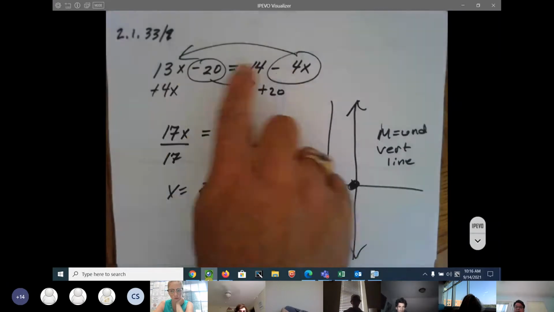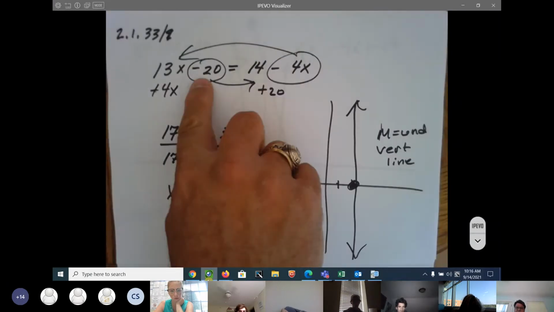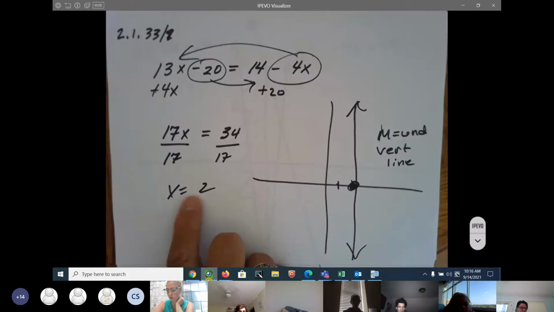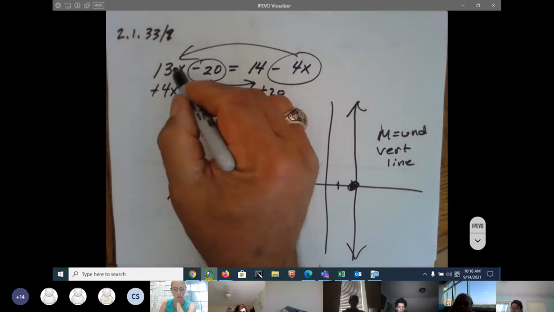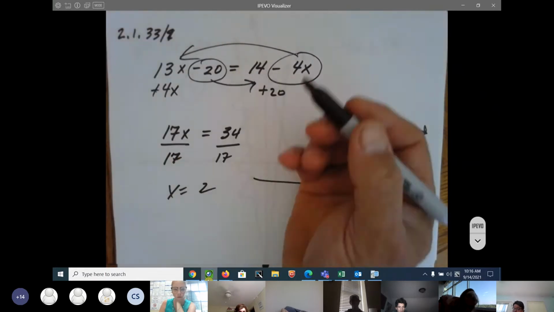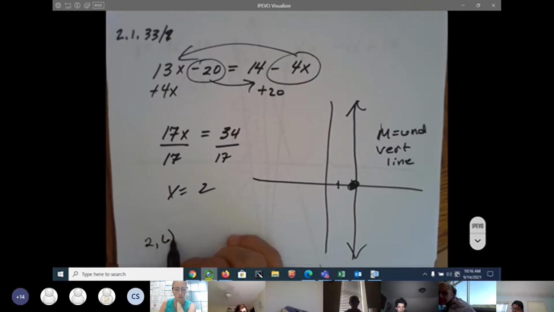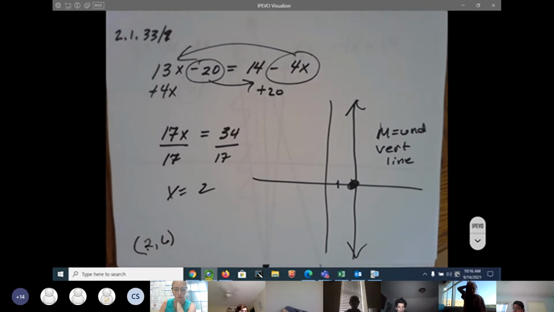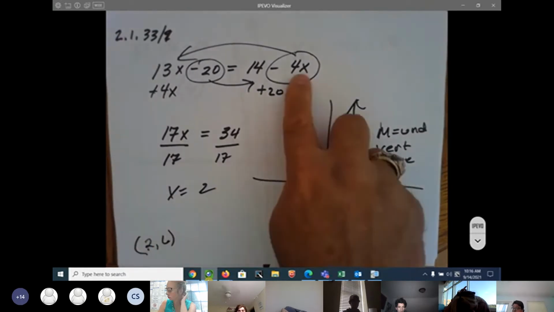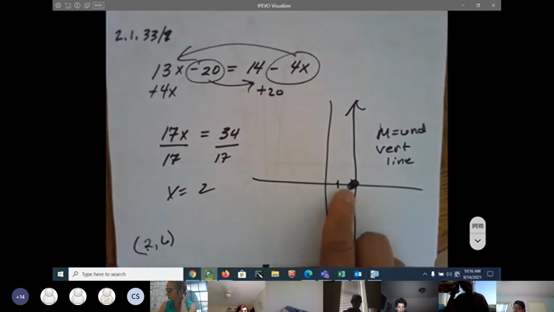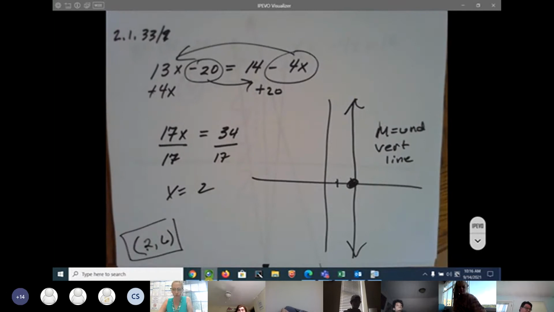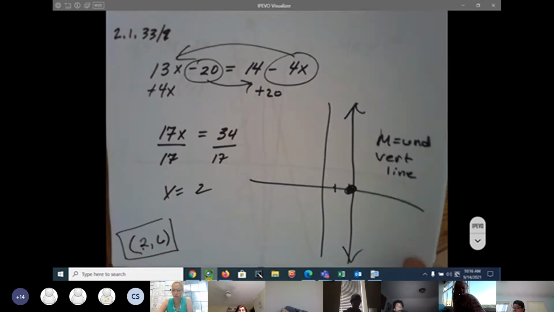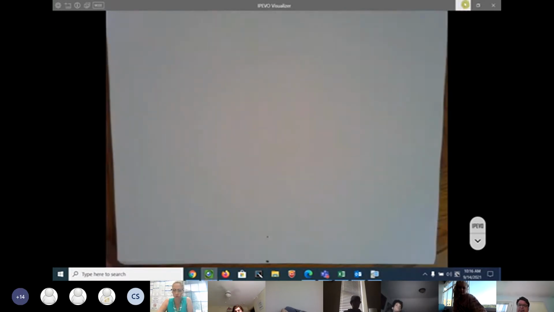When you set them equal to each other and you solve, x is equal to 2, so plug in x is equal to 2 right here, and you get 26 minus 20 is 6. So 2 comma 6 is where it intersects.